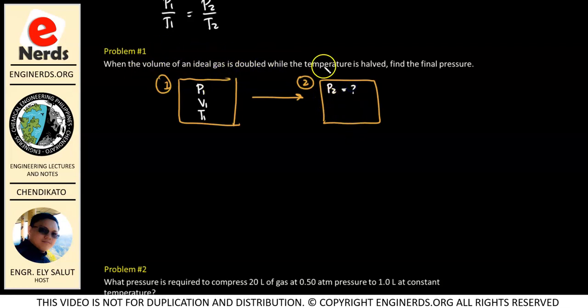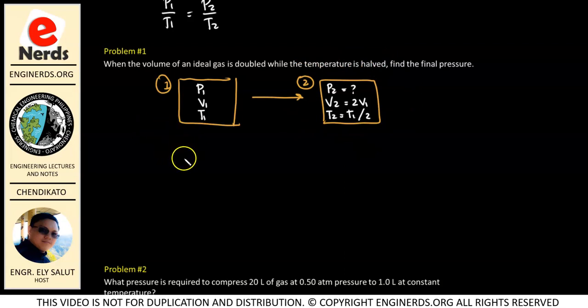So, in our final condition, our volume 2 is actually 2 times V1 because our volume is doubled, right? So, this means our V2 is equal to 2 V1. And then, we are told that our temperature is halved. So, therefore, our T2 is equal to half of our T1. So, we have T1 over 2. Okay? So, this is our final condition.